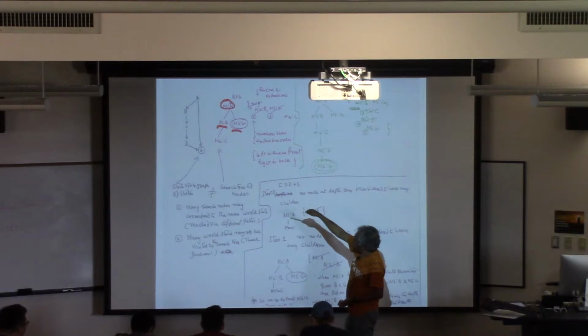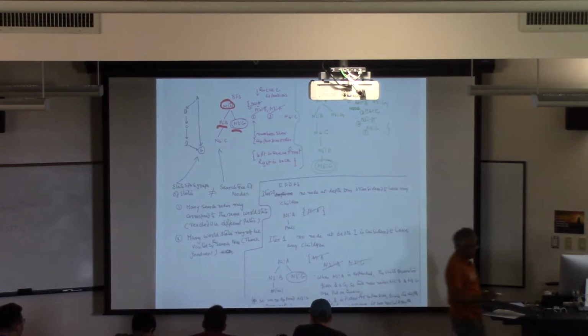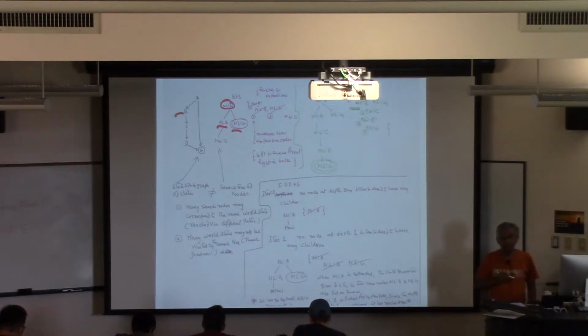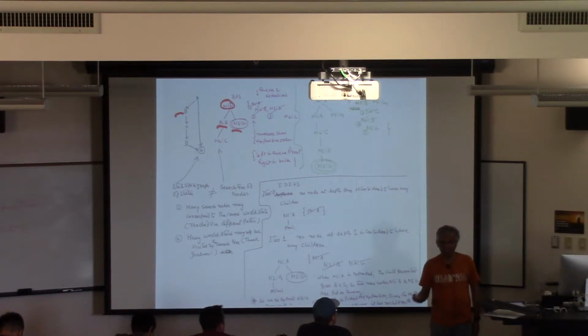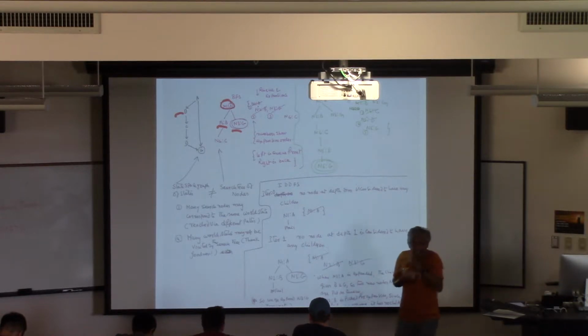N2, when it gets picked up, corresponds to the node B in the graph. When you expand node B, the child generator function says, I will give you the graph node C. So now you make a brand new search node, whose graph node happens to be C, which has the parent pointer to the previous node. Okay? Now, as soon as this node comes, you don't check is it a goal or not.